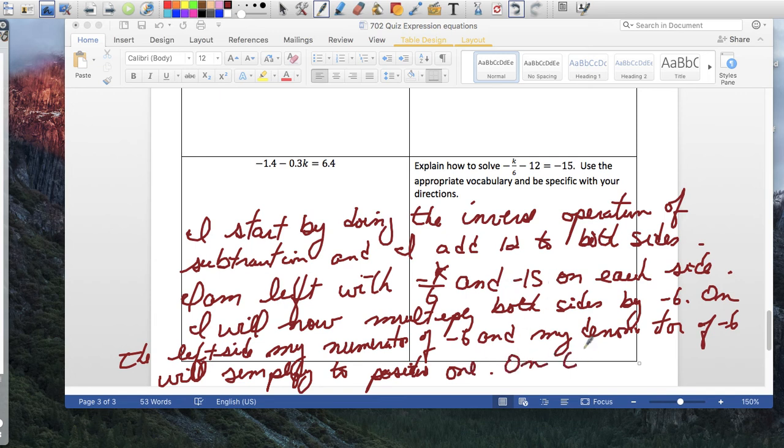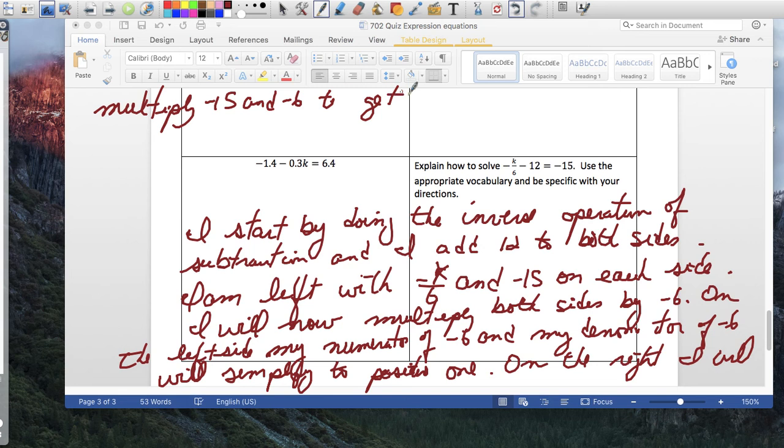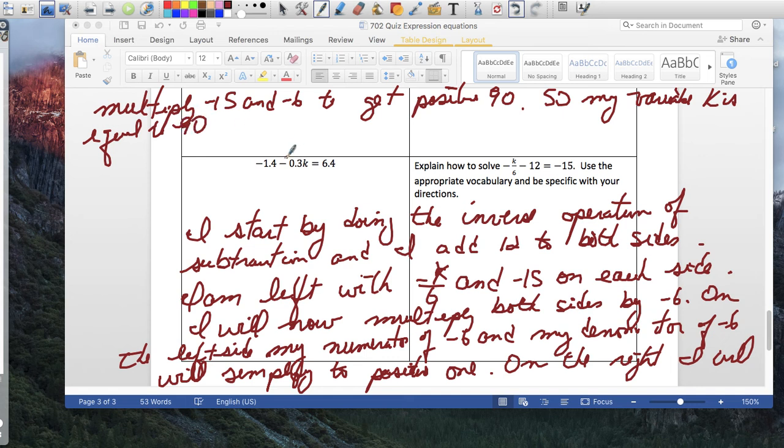On the right side, I will multiply negative 15 and negative 6 to get positive 90. Okay, so my variable k is equal to 90.